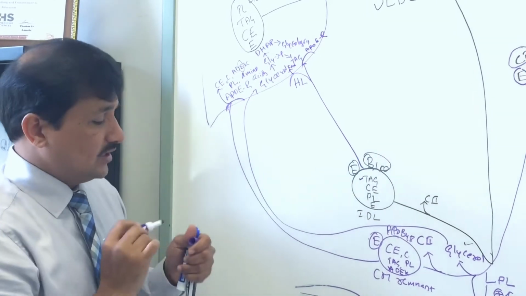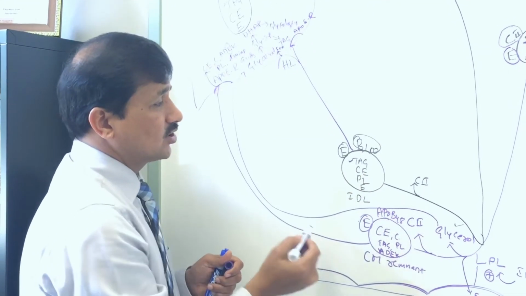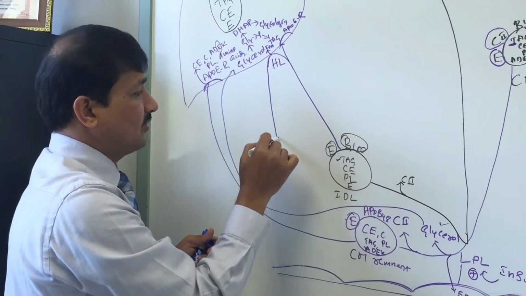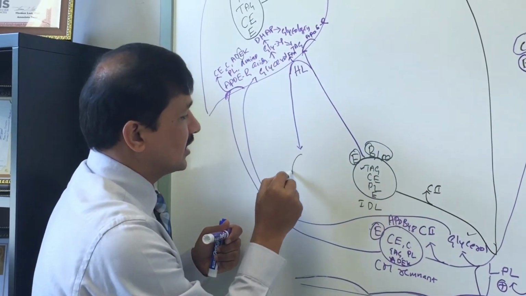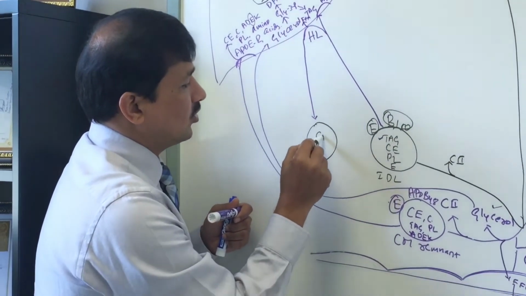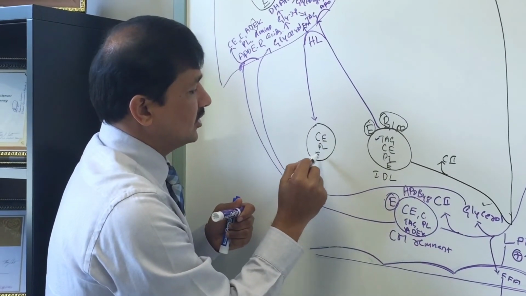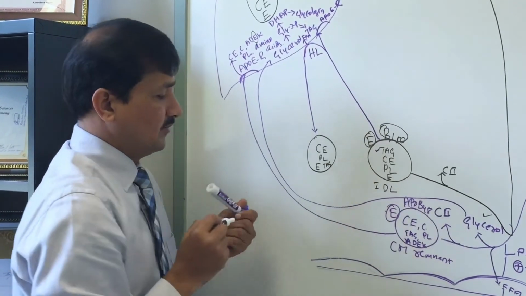So with the action of hepatic lipase, you are degrading triacylglycerol and the molecule comes out of it. The molecule that comes out has very little triacylglycerol, and it has more cholesterol ester, some amount of phospholipid, and vitamin E.